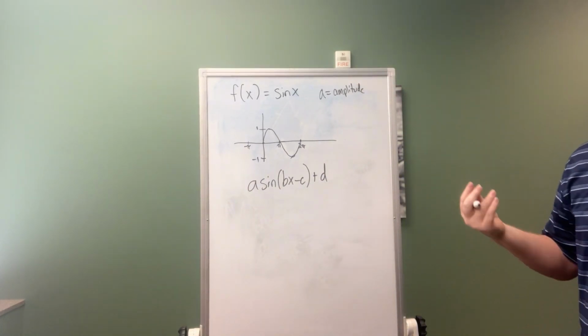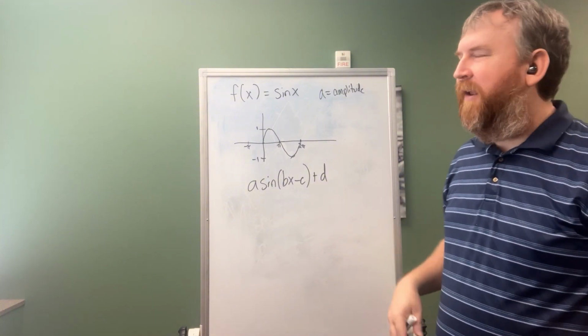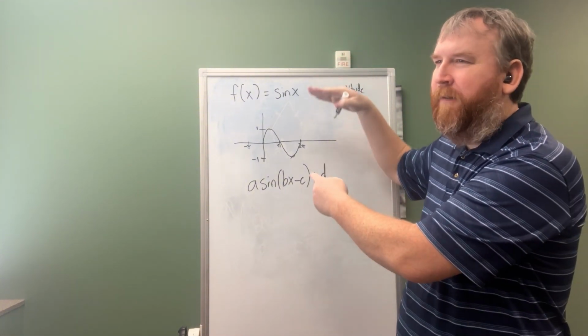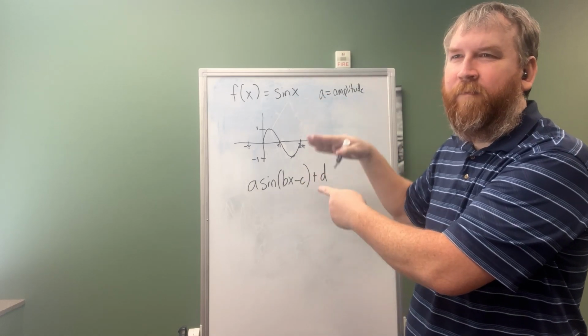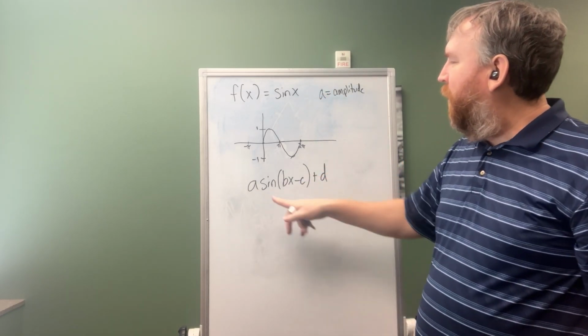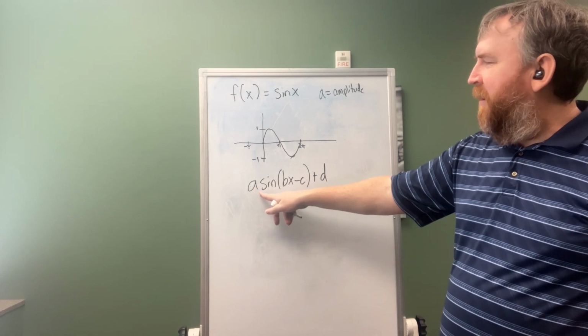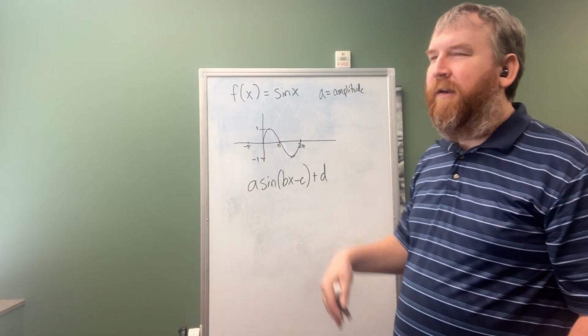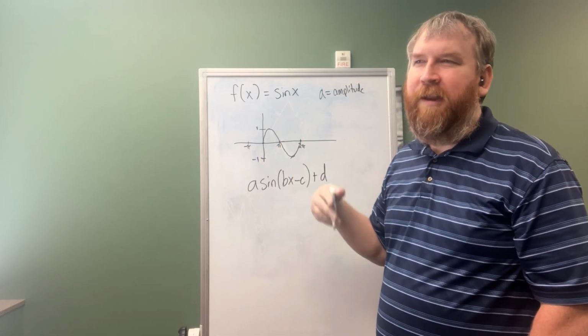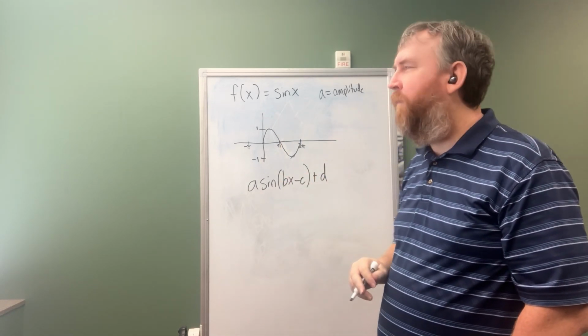So what is amplitude? Amplitude is how far the graph stretches vertically or shrinks vertically. If there's any number in front of the sine or the cosine or whatever, it's going to either increase or decrease that amplitude.